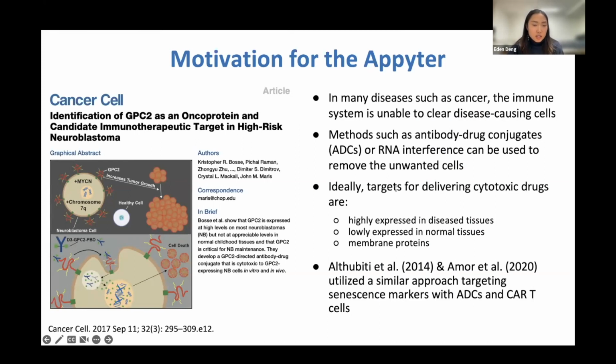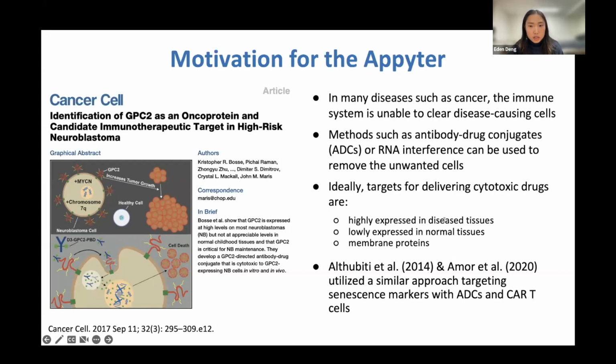In 2017, Bosse et al. published an interesting study where they developed a prioritization algorithm that compared RNA-seq data from a patient's tumor to normal RNA-seq from the GTEx consortium. Their goal was to identify targets that were only highly expressed in the tumor with low expression across all other normal tissues.